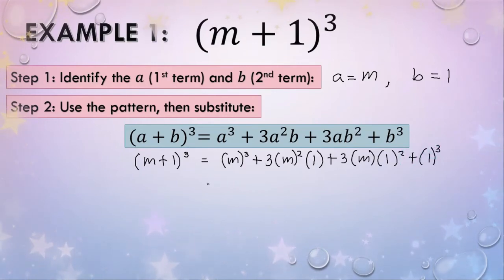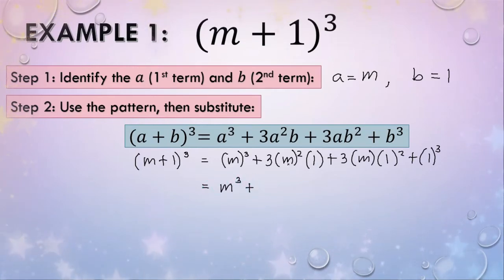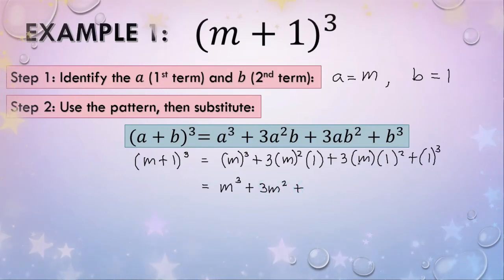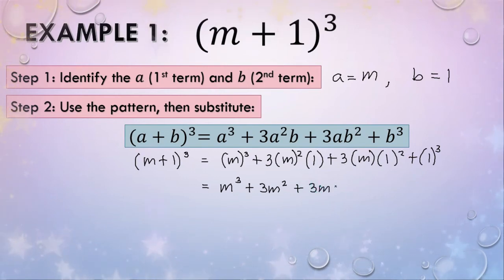Then simplify. This is m cubed plus, what is m squared? Still m squared times 3 times 1, that is 3m squared plus 3m times 1 squared. 1 squared is 1 times 3, still 3m plus, what is 1 cubed?